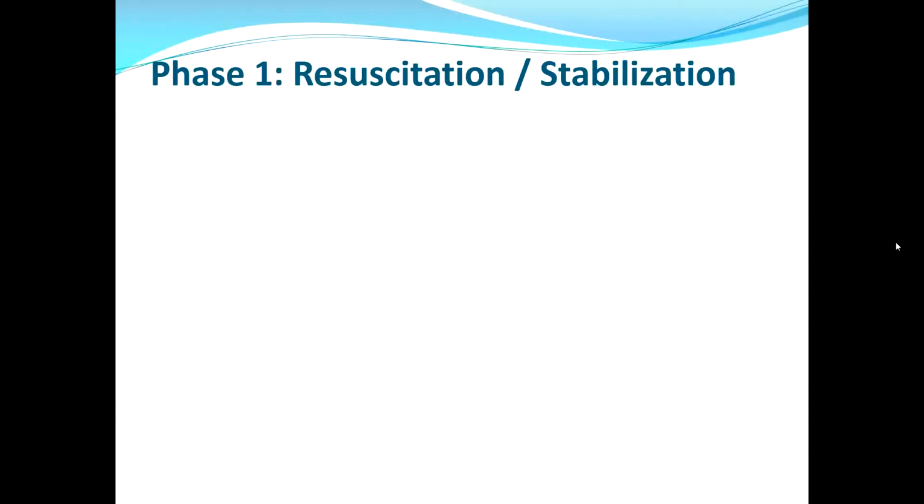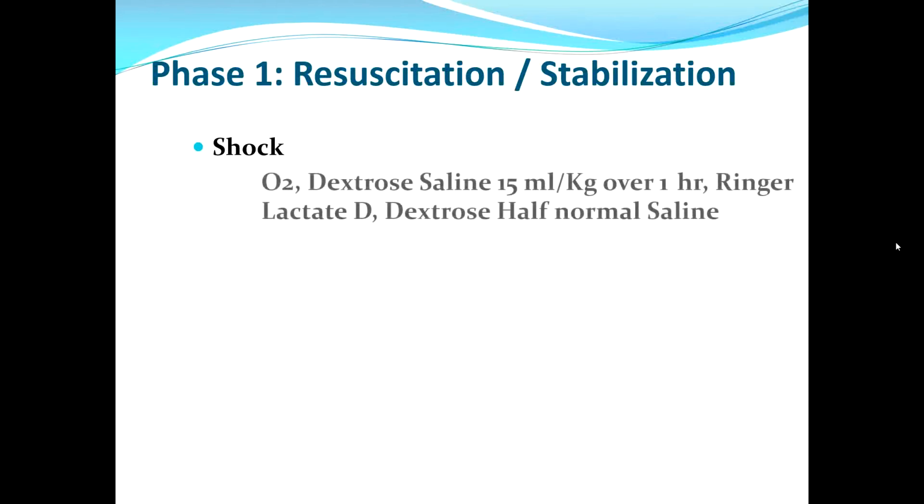So there are different phases of nutritional rehabilitation. The first phase is called resuscitation and stabilization phase. When a sick, malnourished baby comes to a healthcare facility, these are the essential steps. Look for signs of shock, and then you have to manage accordingly by giving him oxygen, dextrose saline in a dose of 15 ml per kg over 1 hour.